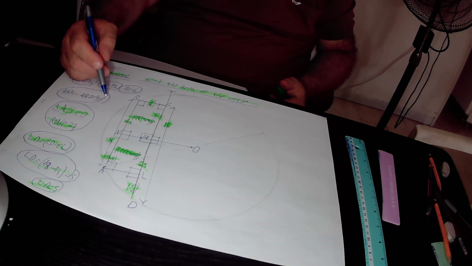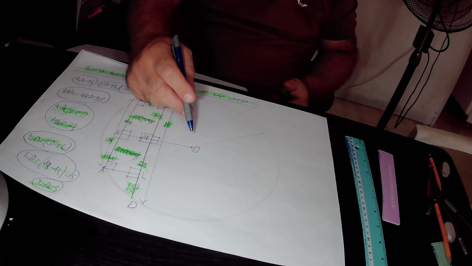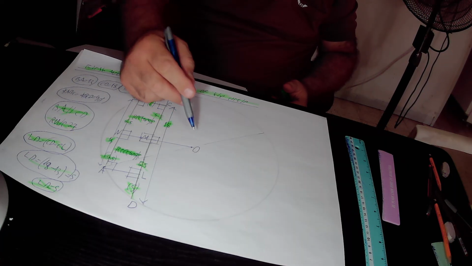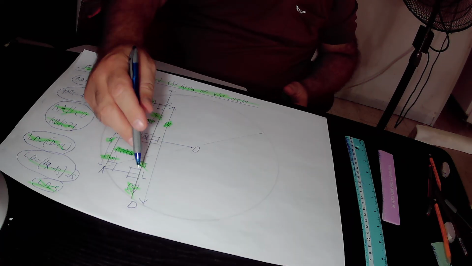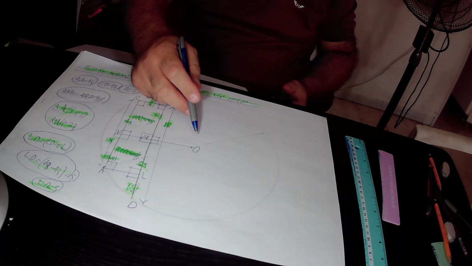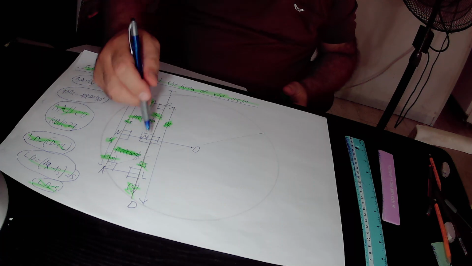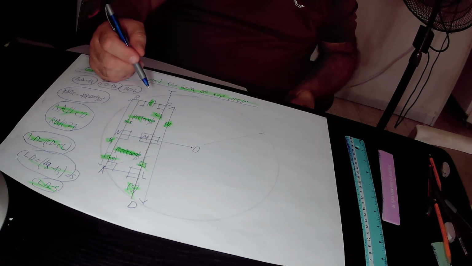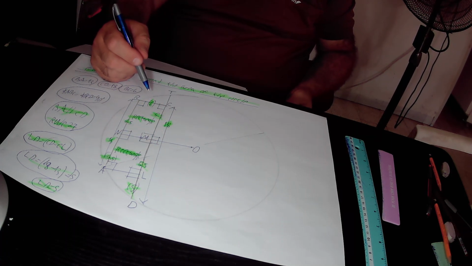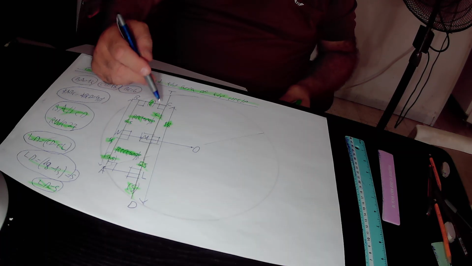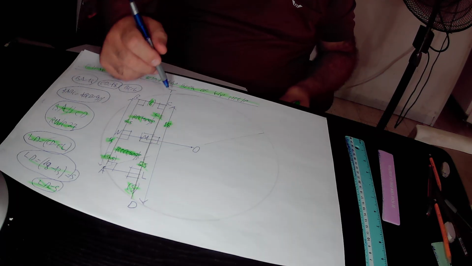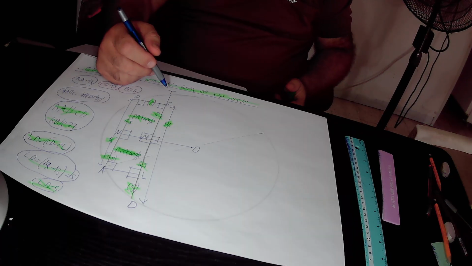Why? Because from the center of this circle, that is to say from point O, we have perpendicular OM on chord TD. And according to rule 19, the perpendicular from the center of the circle, OM, bisects chord TD. If OM bisects chord TD, it means that it divides it into two halves.